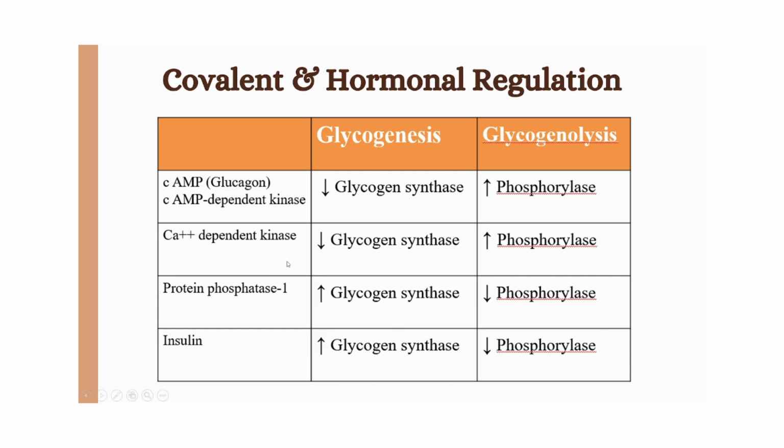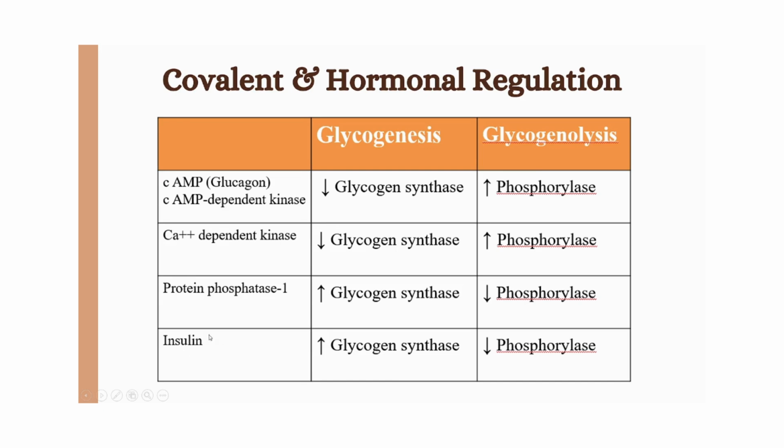Calcium-dependent kinases also do the same thing. They inhibit glycogenesis and activate glycogenolysis. A protein phosphatase removes a phosphate group, and thus it will activate glycogen synthase and stimulate glycogenesis, and reciprocally it will dephosphorylate and inactivate glycogen phosphorylase and eventually inhibit glycogenolysis.